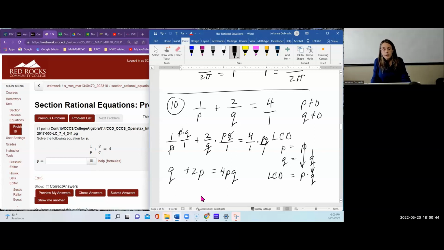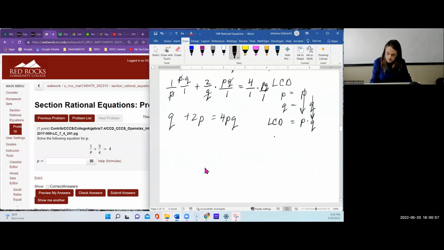That gives me 4PQ. Now, what am I trying to do again? I've already forgotten. Look back. It wants us to solve for P. To solve for P, I need to isolate the P terms first. To isolate the P terms, I'm going to move the 2P to the right by subtracting it from both sides.